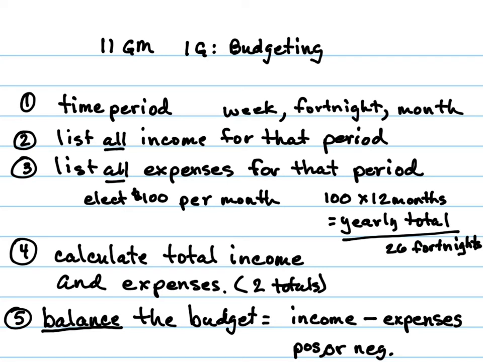But if it's negative, then that means you're going to have to go back and look at some of your expenses and see if there's some expense you can cut to trim down until you get to the money that you have. Now, some are fixed expenses that you can't really mess with, so essential living costs such as rent, electricity, but anything that's discretionary, then those are the things that you can change. So we need to talk about those.